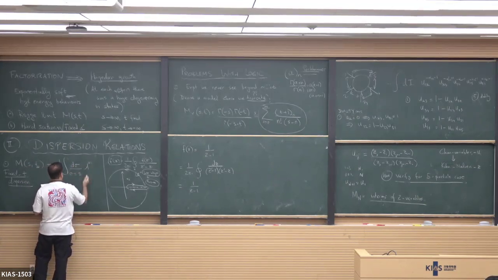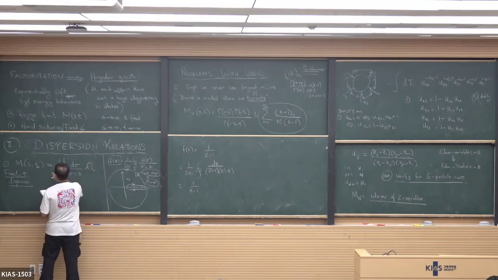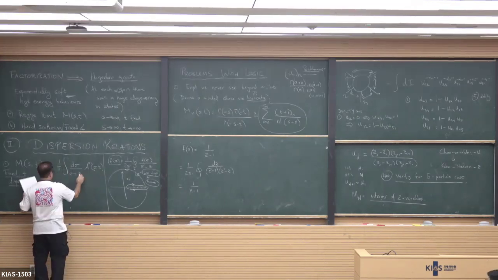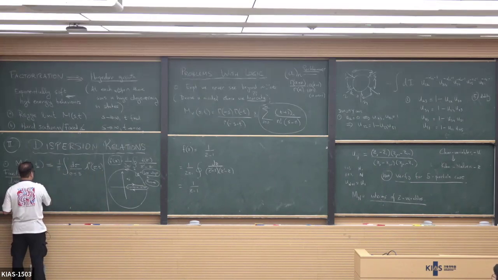So because we are holding T fixed, the second variable fixed, we are going to pick out the discontinuity of this function. So the discontinuity of this function, let me just write down the formula here.